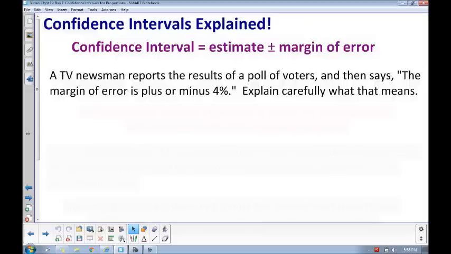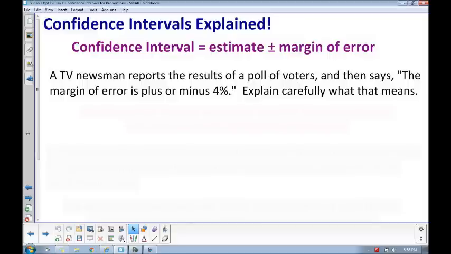What does that mean? Okay, so if the TV news person says, I believe the high for today's weather is going to be 68 degrees with a 4-degree margin of error. Okay, they thought it was going to be 68 degrees. If it comes out and it turns out to be a high of 70, would you really consider them wrong?